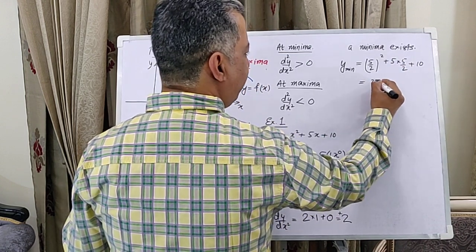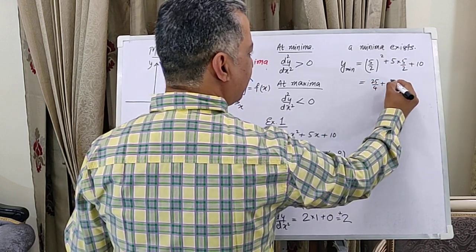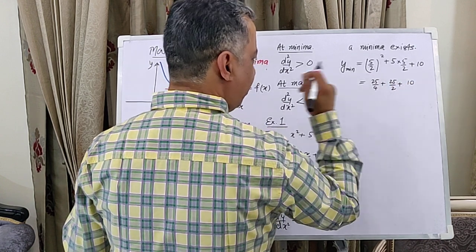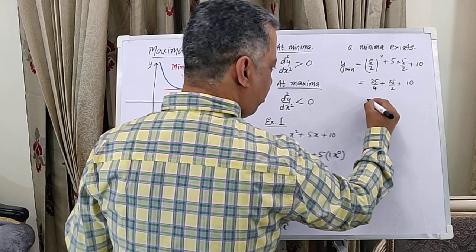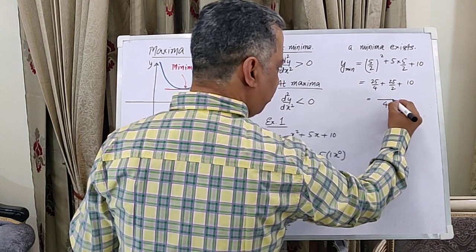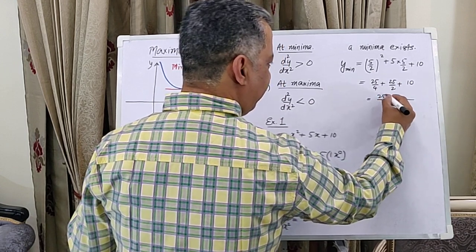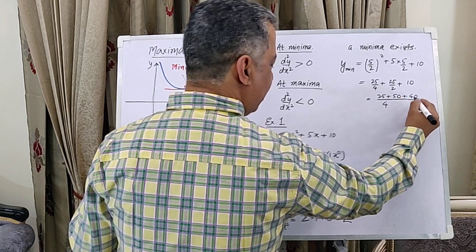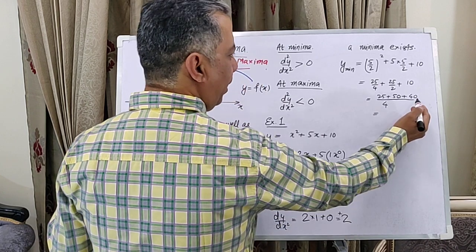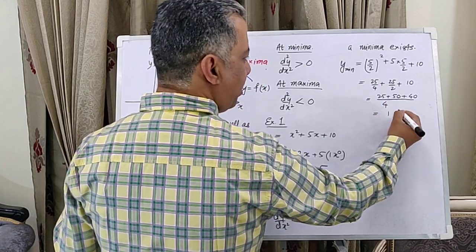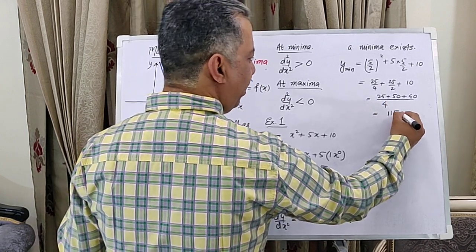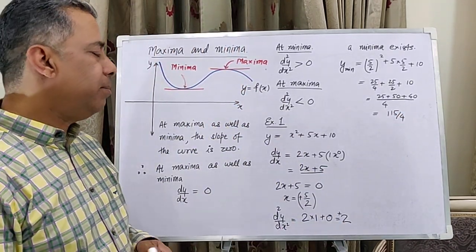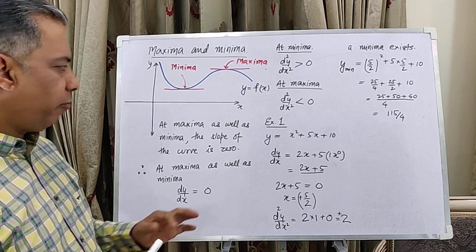And that's 25 by 4 minus 25 by 2 plus 10. You can multiply by 4 throughout, and you have 4 here. 25 minus 50 plus 40, and that's 15 by 4, and that's the minimum value of y here.